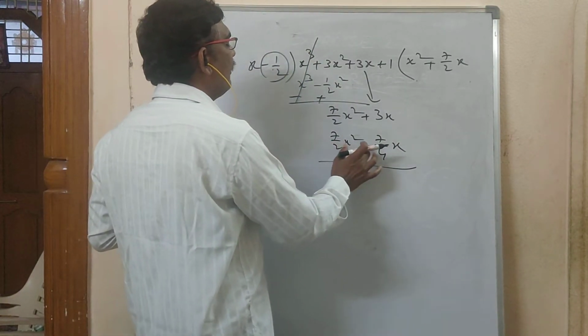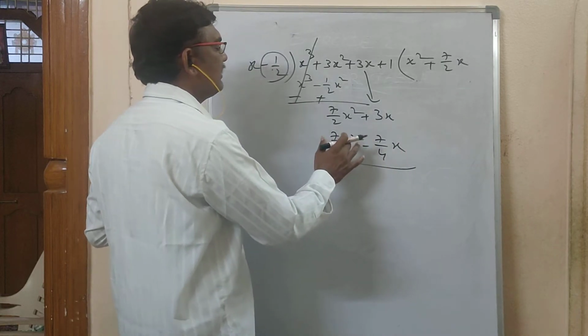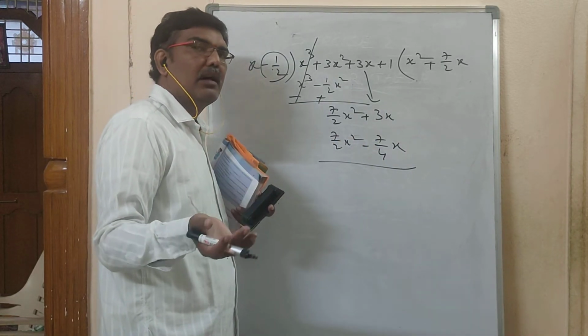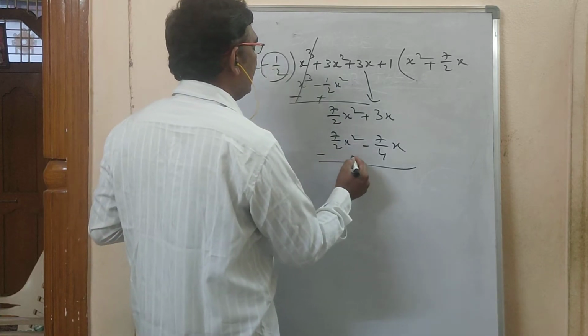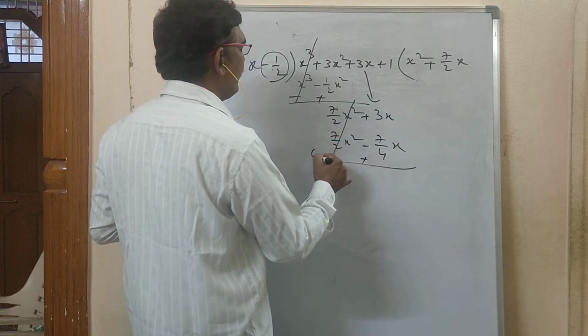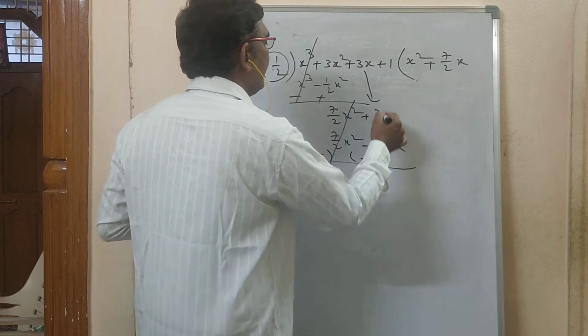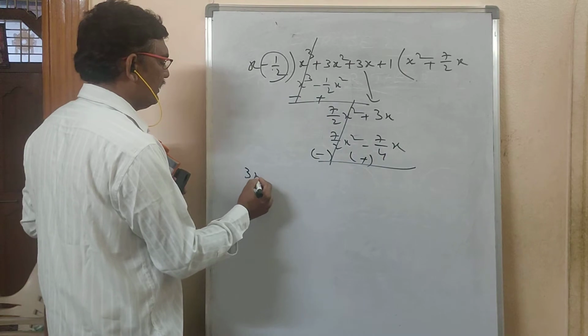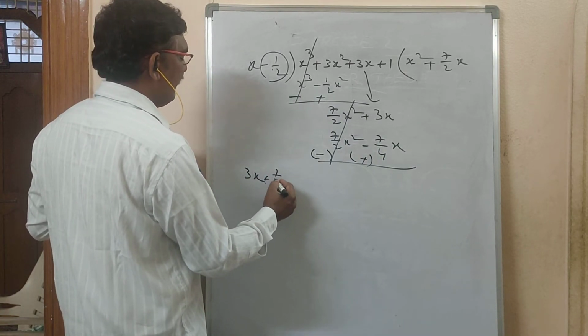Then for the down terms, whatever symbols you are seeing here, write their opposite. Minus plus. Now plus 7 by 2 x square minus 7 by 2 x square will be cancelled. Here whatever is there, write in rough: 3x plus 7 by 4x.